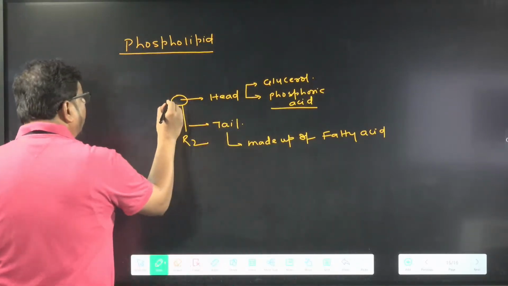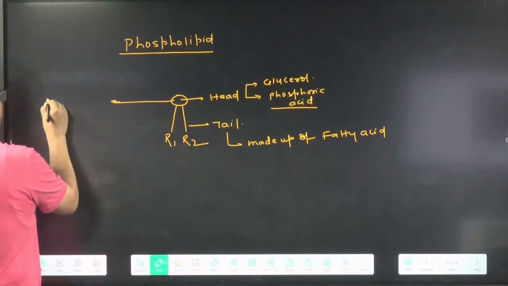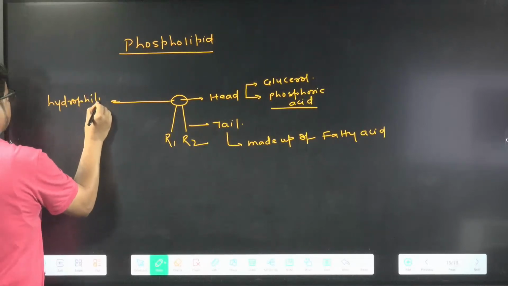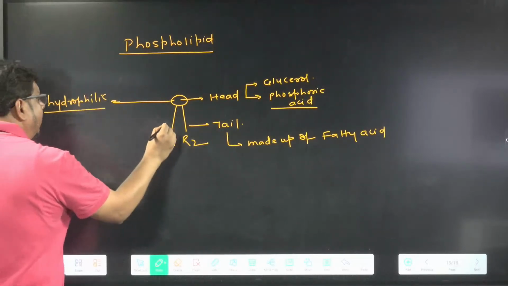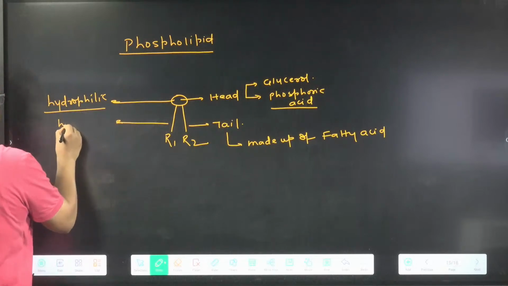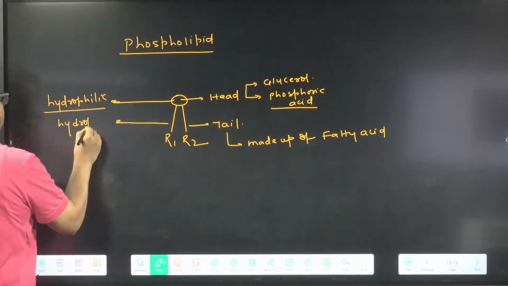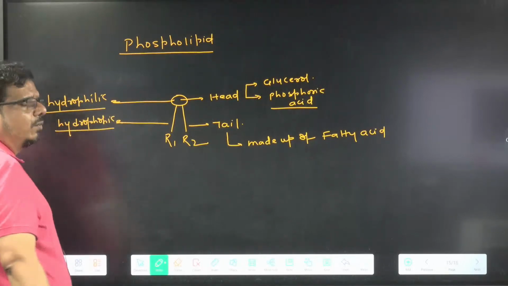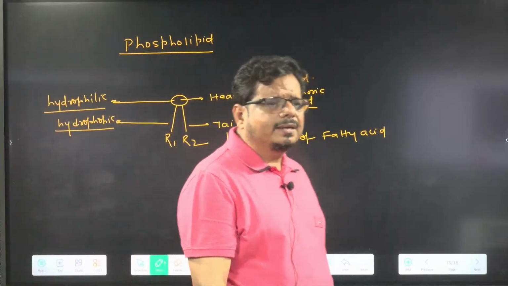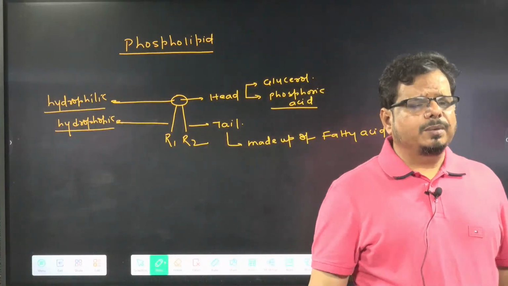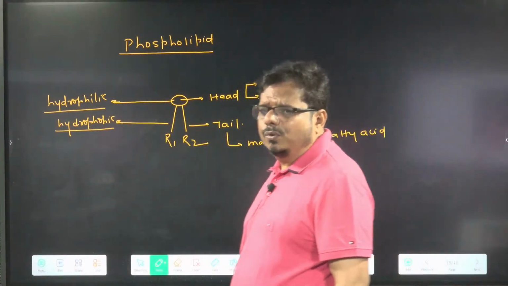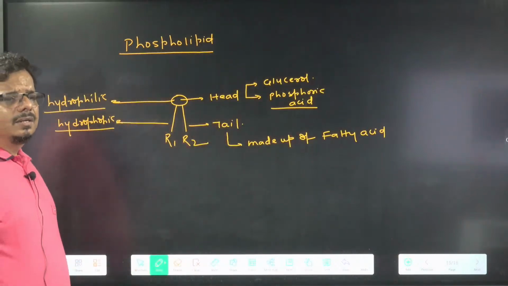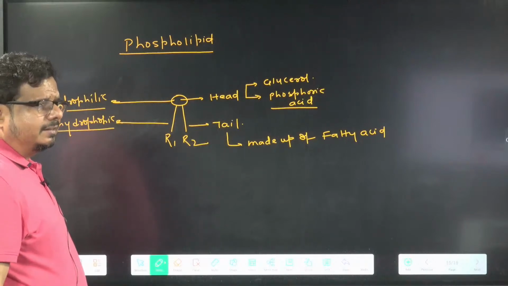So this head part of the phospholipid is hydrophilic, and the tail part of the phospholipid is hydrophobic. Basically hydrophobic. Fatty acid chain is there. Understanding the idea or not?